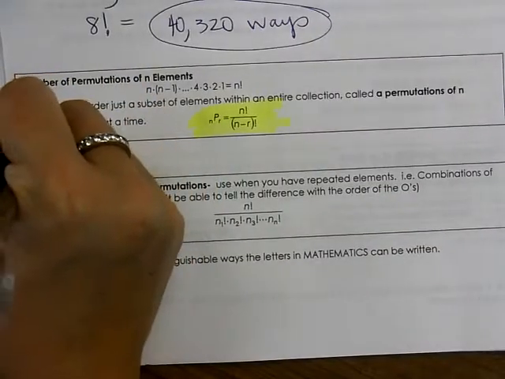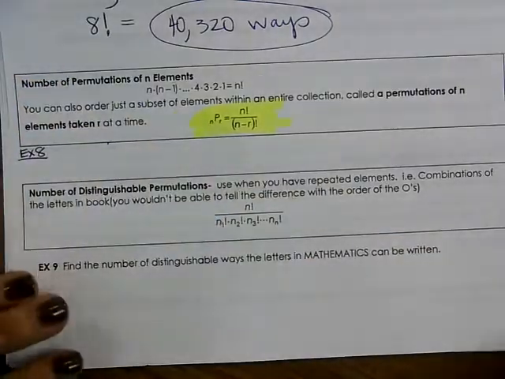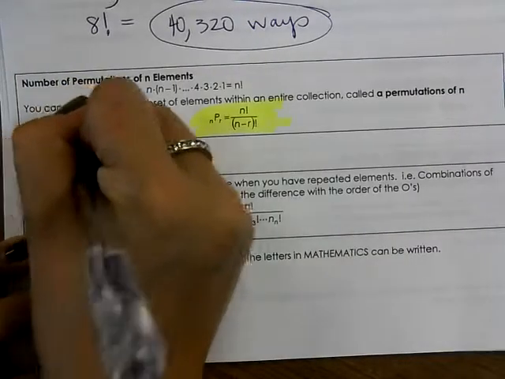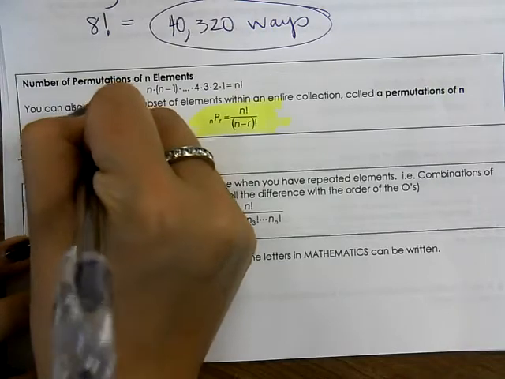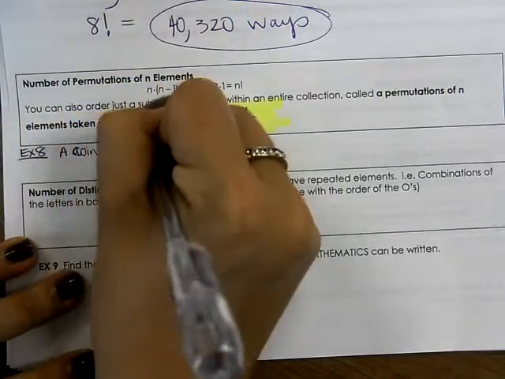So write small. Example 8. A coin club has 5 members.